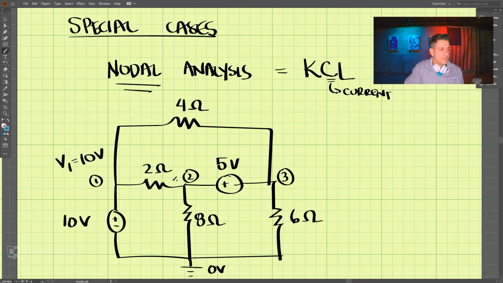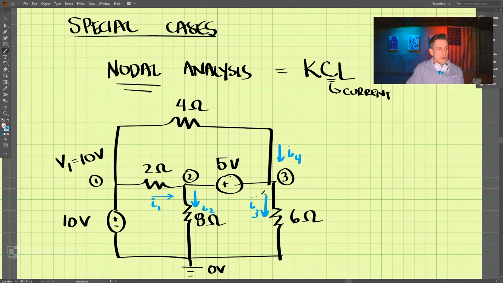So we have here, we'll call this I1 going into 2. We have I2. And we have, let's say, I4 and I3 over here, I3.